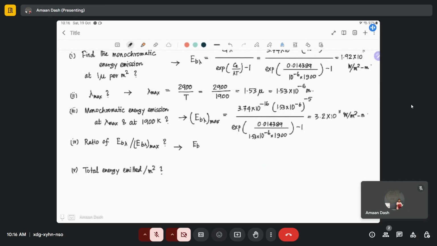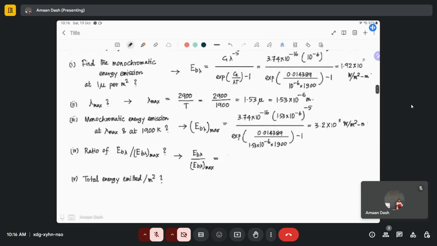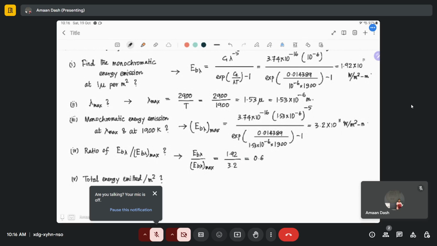So we have EB lambda divided by EB lambda max, which is equal to 1.92 times 10 to the power of 11 (I am not writing the 10 to the power 11 because it will cancel), divided by 3.2. So it will be around 0.6.